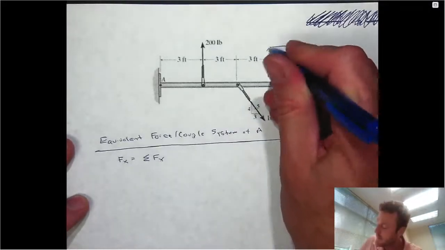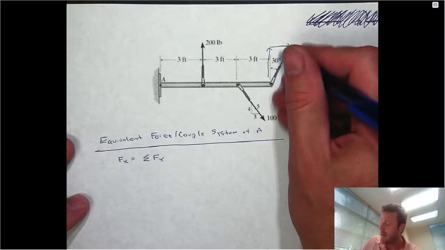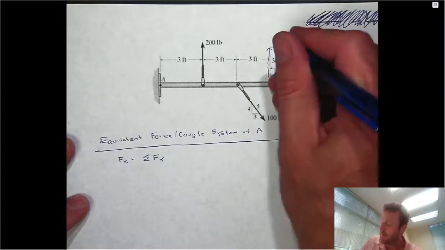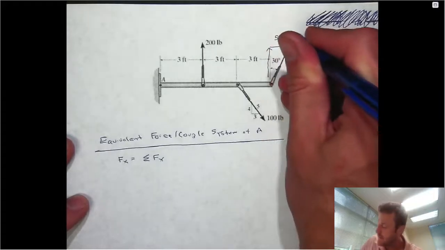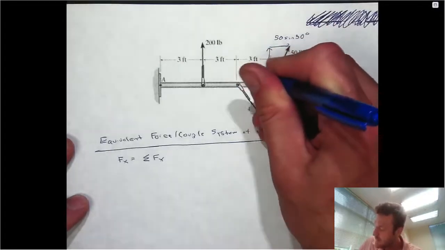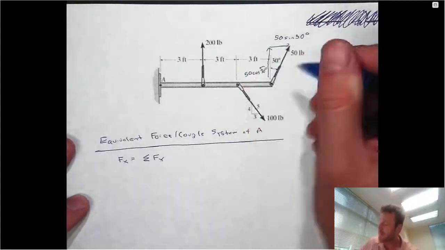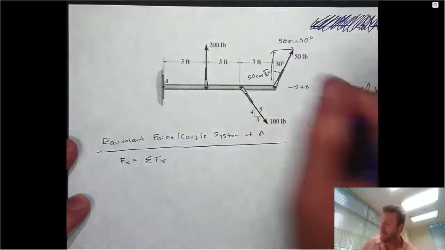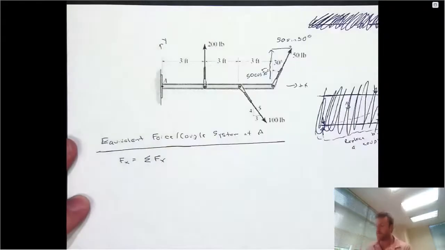I'm not going to show a lot of detail here due to time, but if you notice, that's opposite of the 30-degree angle. So this is going to be 50 sine 30, and this is going to be 50 cos 30. And those are both in the positive x and y direction by our usual convention.